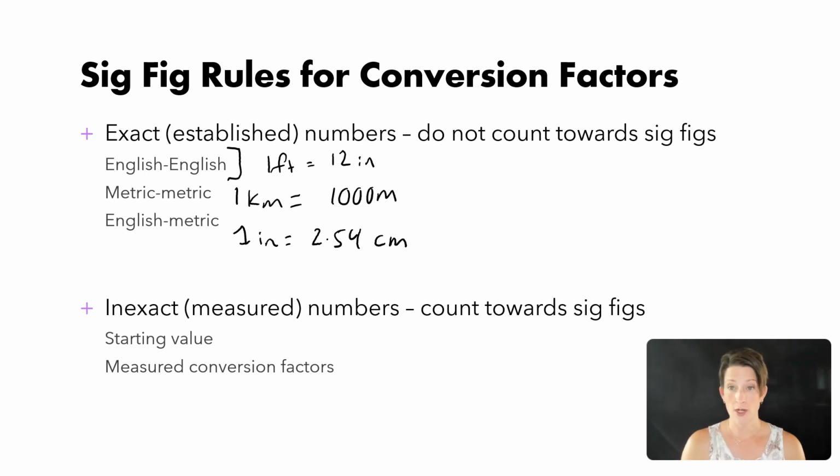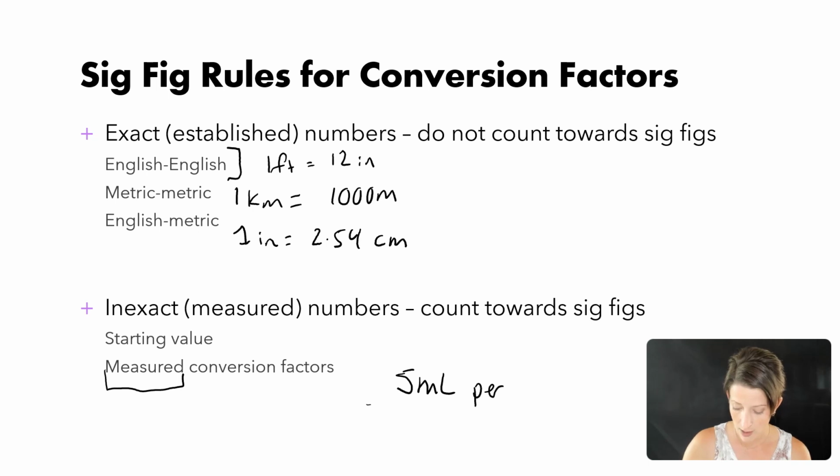Inexact or measured conversion factors do count towards your sig figs. As we talked about, that's going to be the starting value, or measured conversion factors. These are conversion factors that are unique to the situation, especially for dosage calculations. We're going to have 5 milliliters per 10 kilograms.